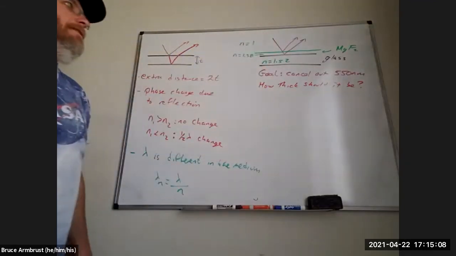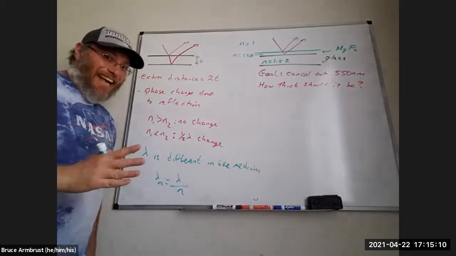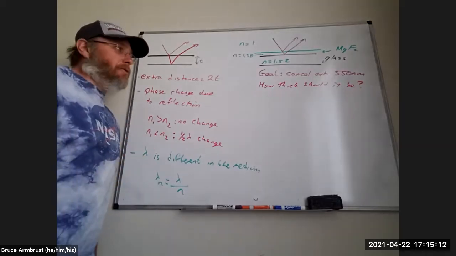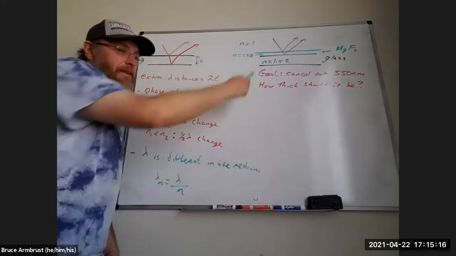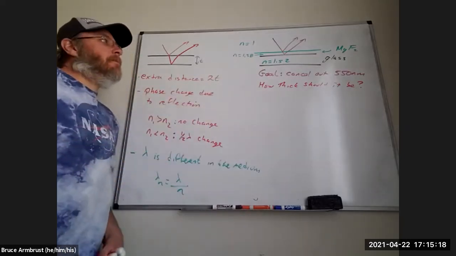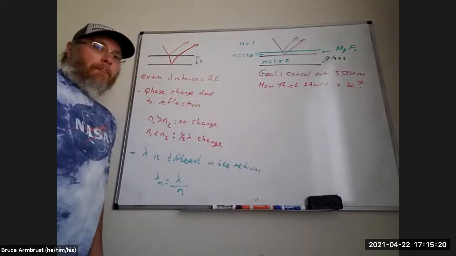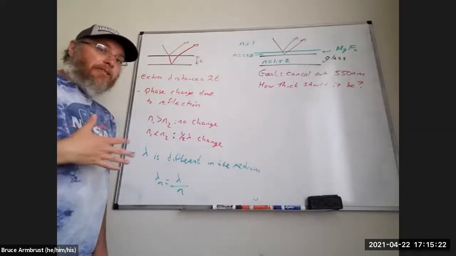And air, we'll just say has n equal to 1, even though it's not exactly 1, it's close enough. If we round to two decimal places like these, it would still be 1. Okay, so now we actually have enough.